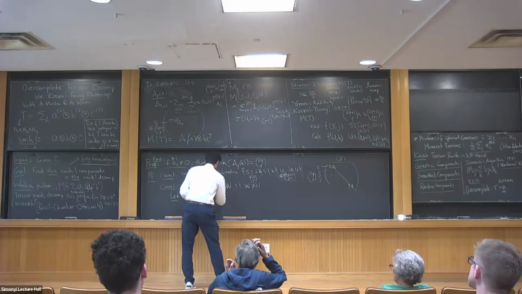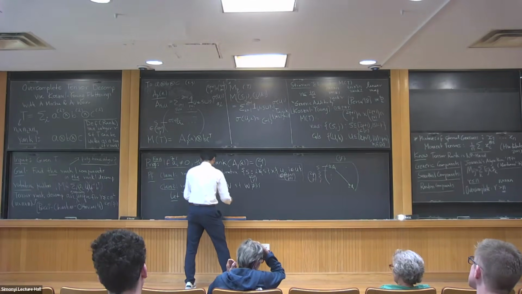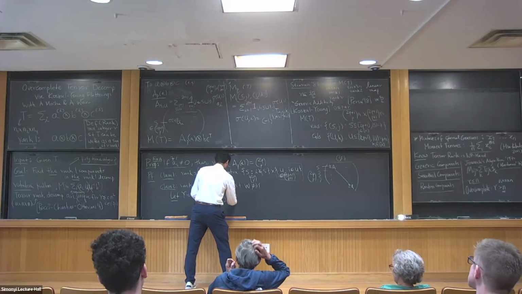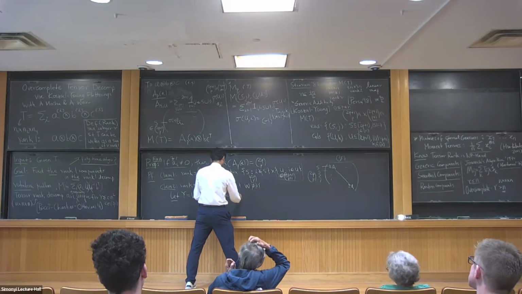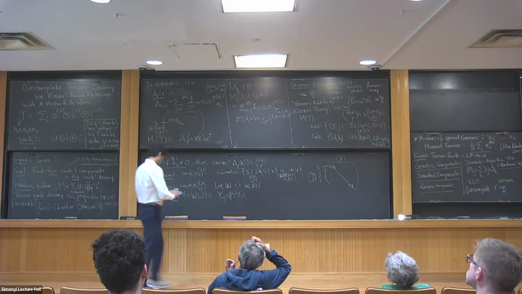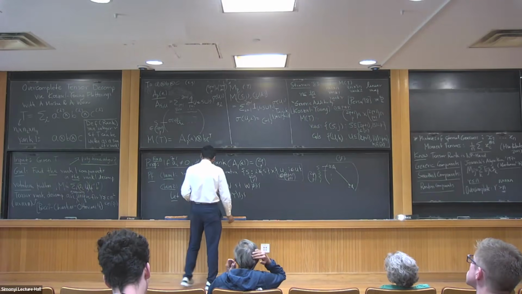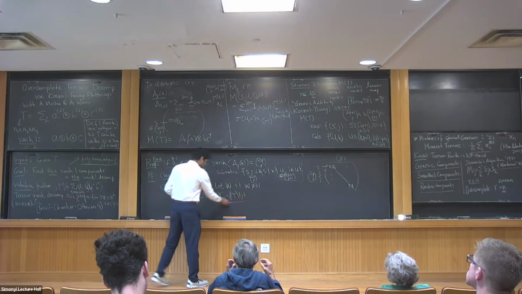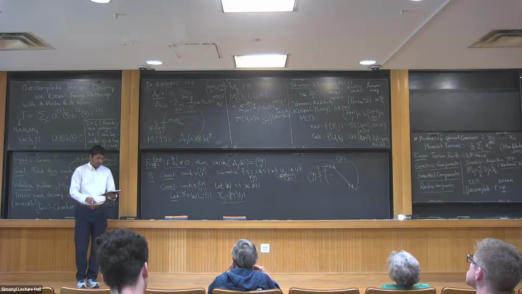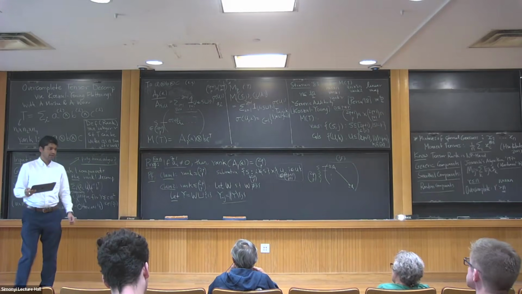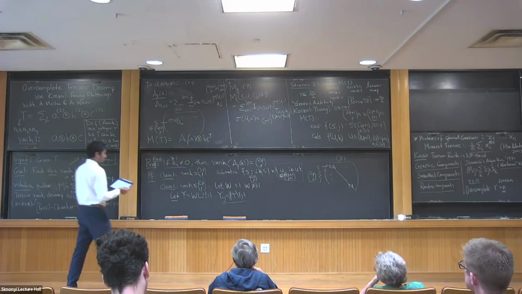So let's say Y minus J equals, okay. And this is just my definition. Good. So what I want to now prove to you is that these sets are linearly dependent.